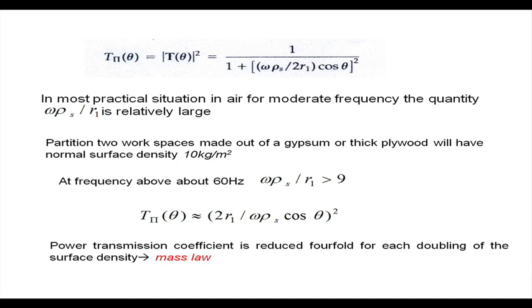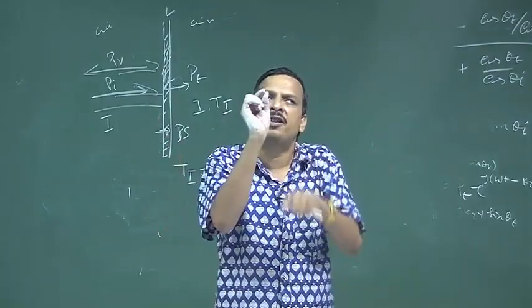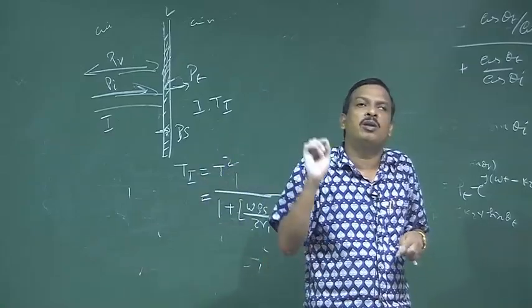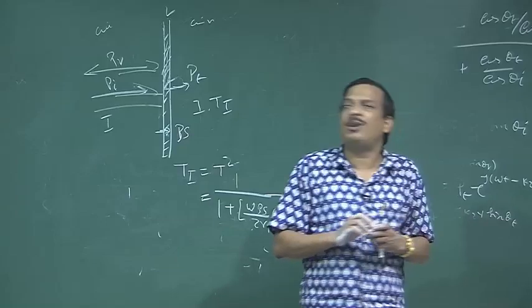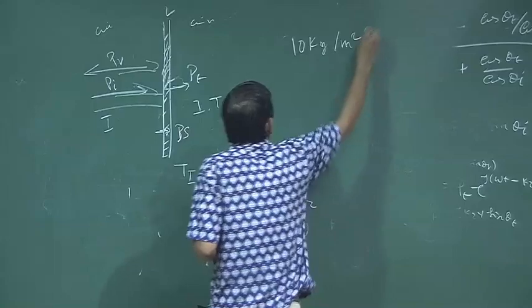Okay. Now, if this is my transmission coefficient, then what is the transmission coefficient in practical cases? So, take the most practical situation in air, in a factory. Both inside the enclosure room and the factory room are air, and the enclosure room is separated by a thin partition of gypsum board or plywood, and surface density is 10 kg per meter square.